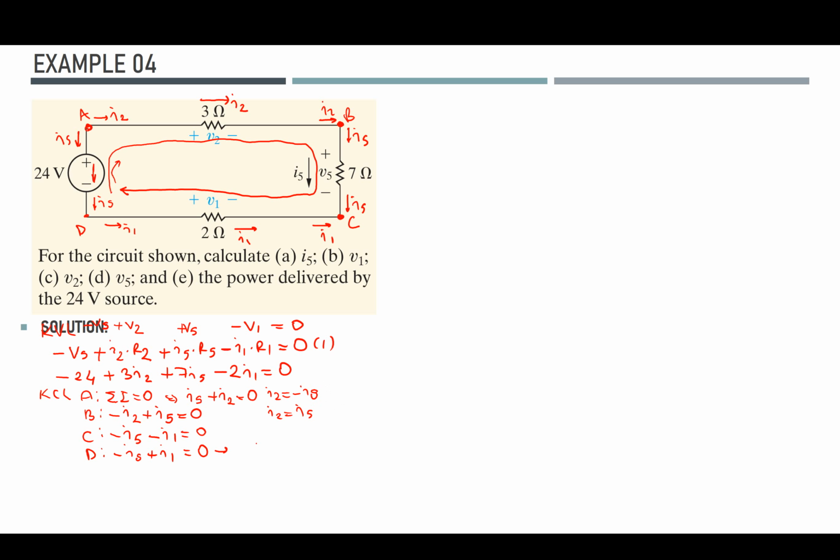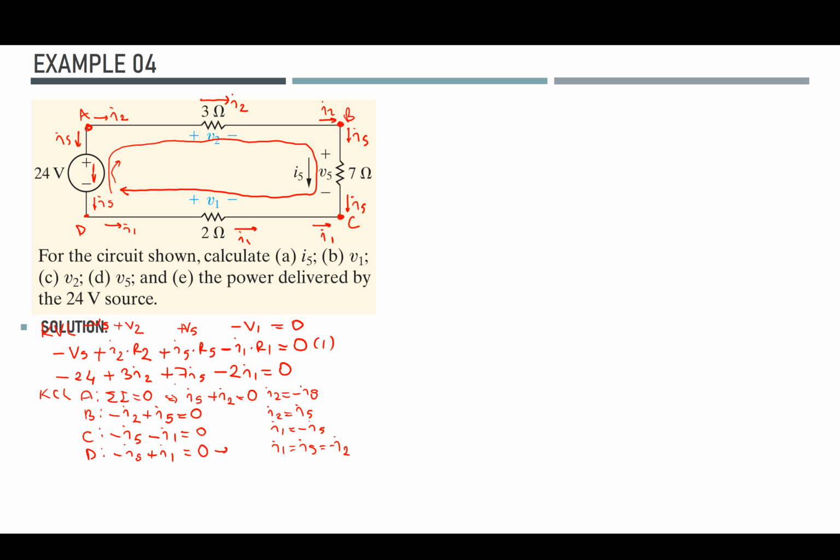At node B, I get I2 equals to I5, and at node C, I get I1 equals to minus I5, and at node D, I get I1 equals to IS, which will make minus I2.